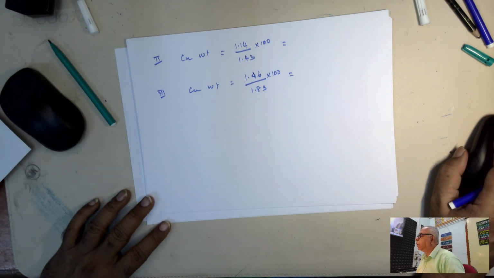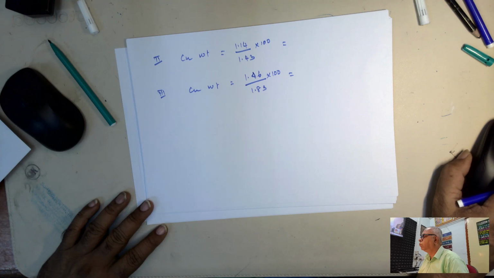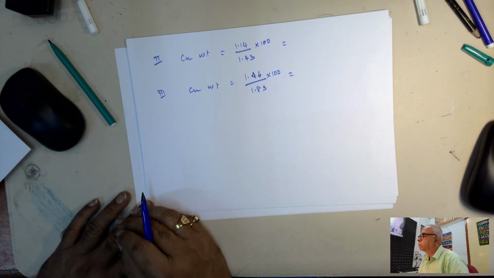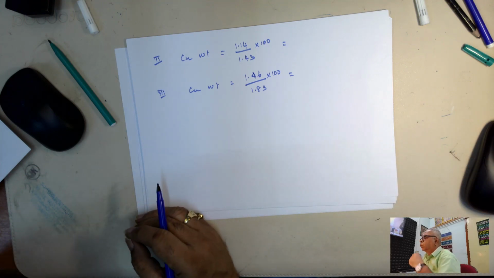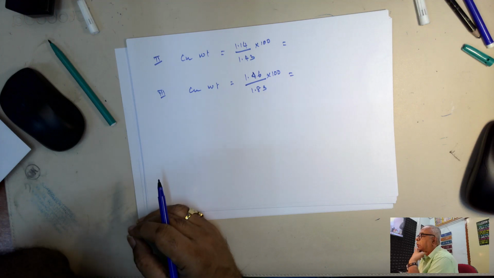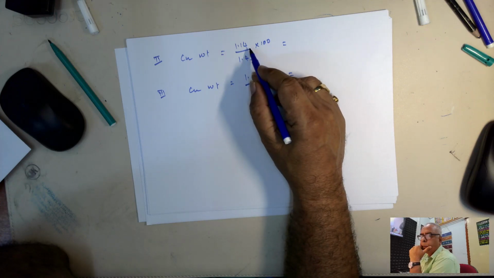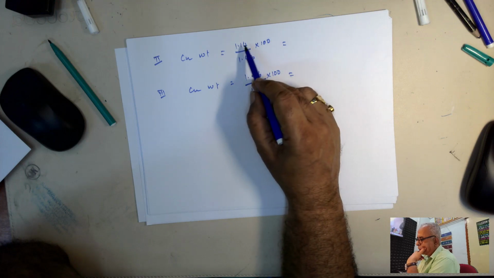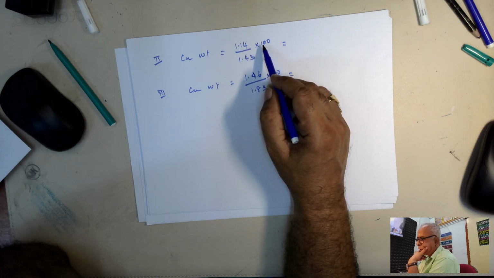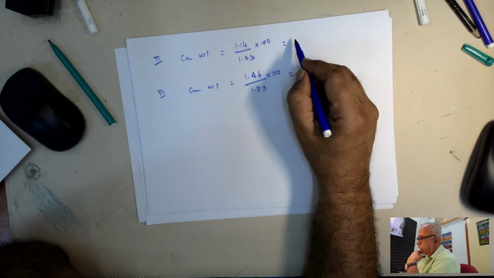What is the percentage? How much? This one. Then 1.14 divided by 1.43 into 100.